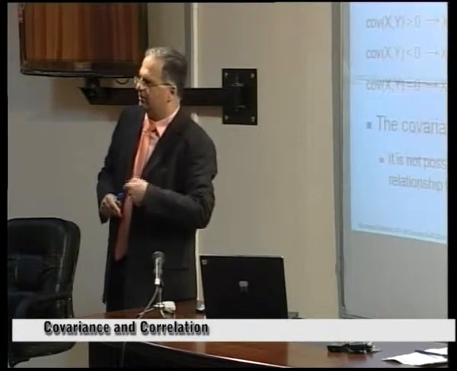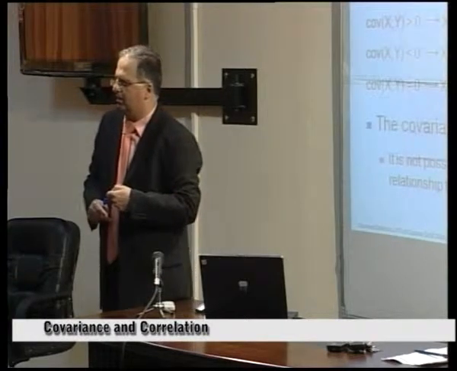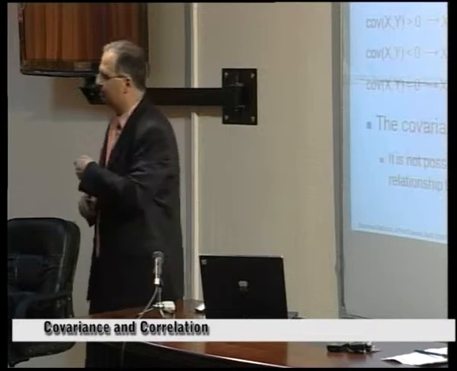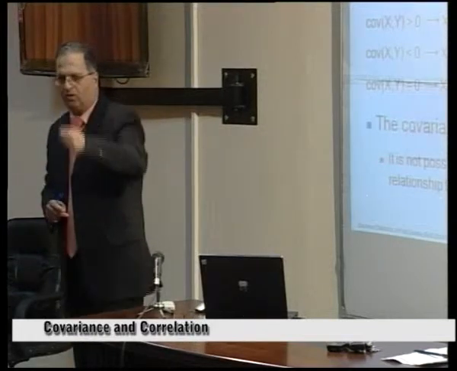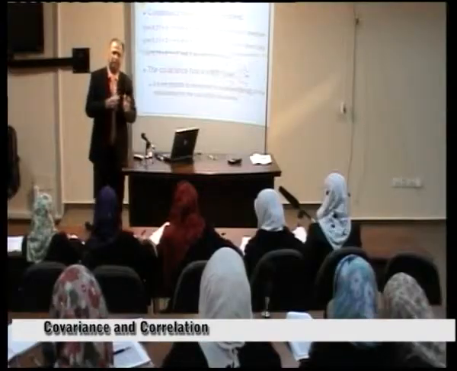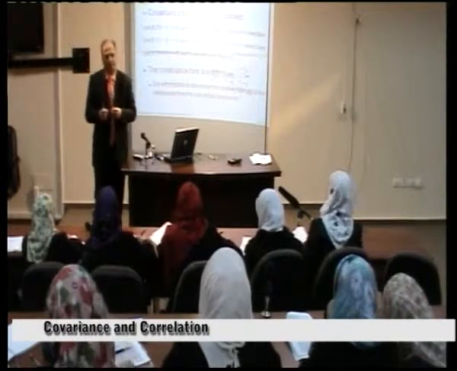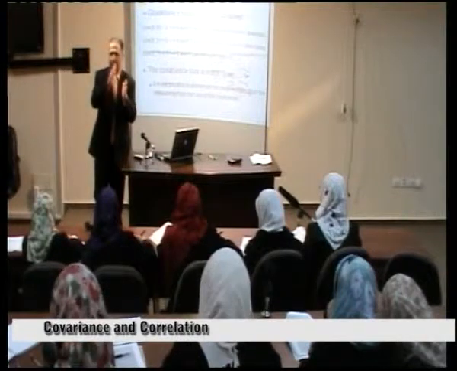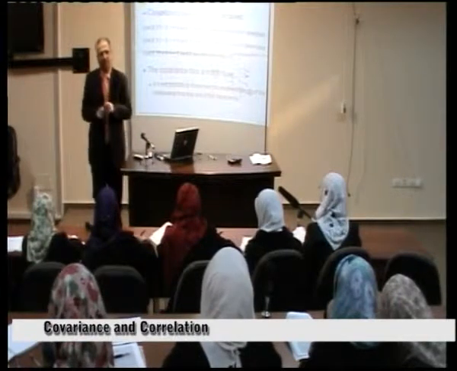If you miss more classes, your score will go down. So as x increases, y goes down. So there is either a positive or a negative relationship between x and y.